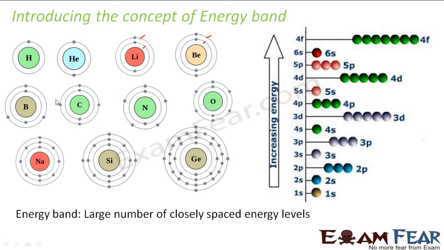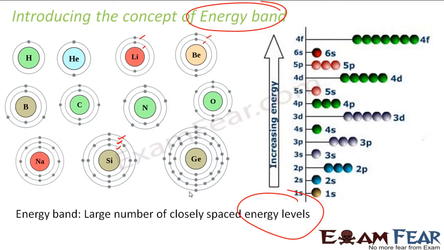If you talk about silicon, we have a 1s band, then a second band and a third band. The second band will have 2s and 2p, and the third band will have 3s and 3p. There are different energy bands. They are nothing but a large number of closely spaced energy levels.